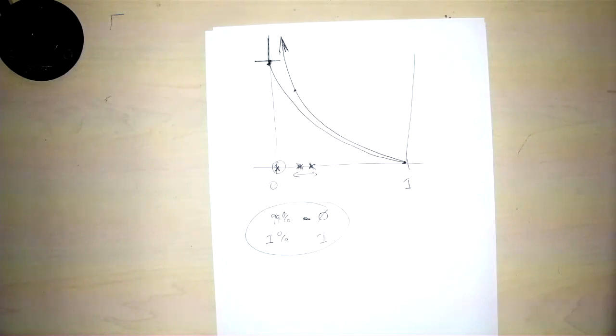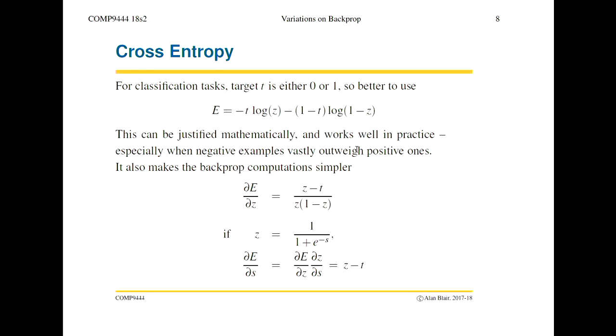Okay, so that's the kind of hand-wavy justification. And it turns out that a good choice of error function is actually this. Now, how do we make sense of this?